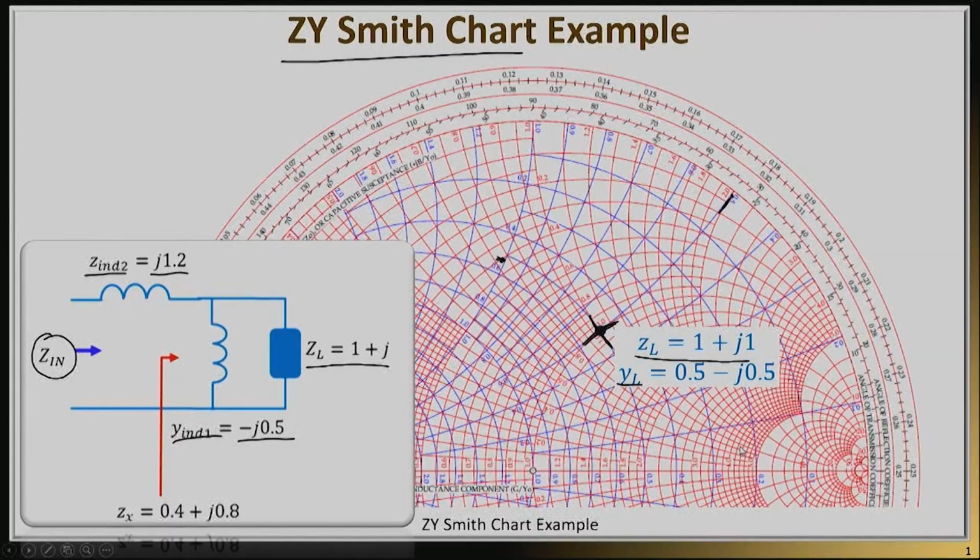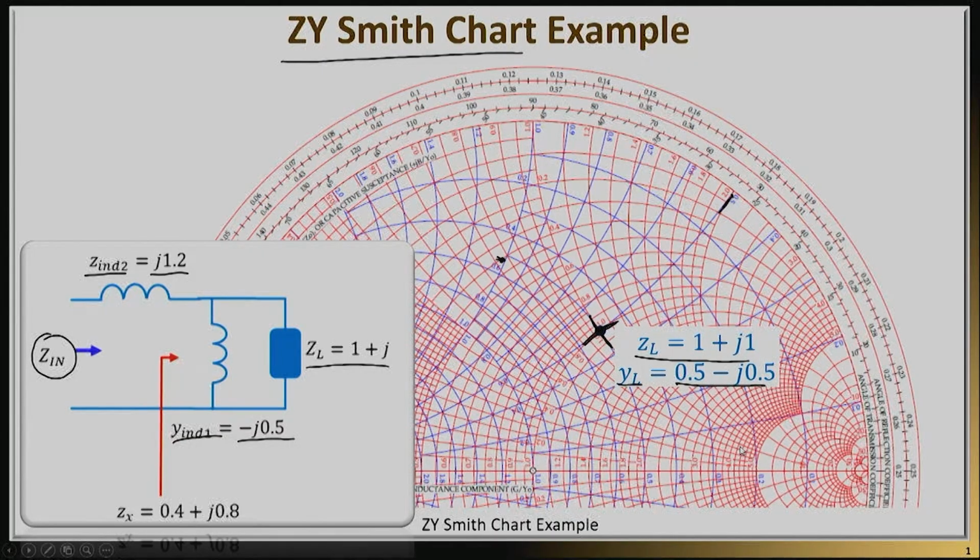Now, of course, I'm reading essentially the Y Smith chart, and I'm on the upper half, and therefore my value will be 0.5 minus j0.5. So the point is, you don't have to make any rotations here. You just put the load down, and you look at the red circles to read the impedance, the Z part, and you look at the blue circles to read the admittance, the Y part.